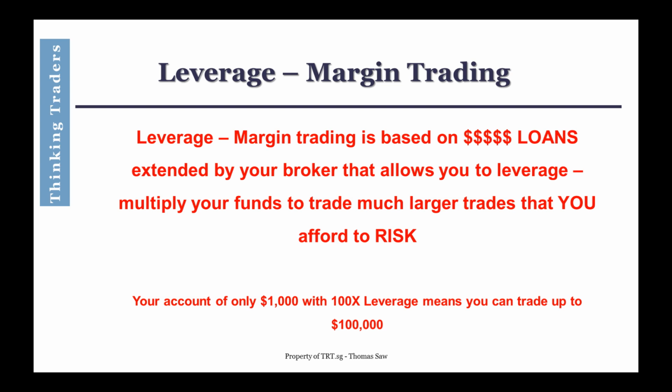Now, means what? Your account of $1,000 with 100 times leverage can trade $100,000. If the market moves against you 0.8%, you'll be stopped out. Even if you have no stop loss, the broker will stop you out because your capital is only $1,000. And by the way, please do not believe this urban legend, that you cannot lose more than $1,000 but can make money on $100,000.